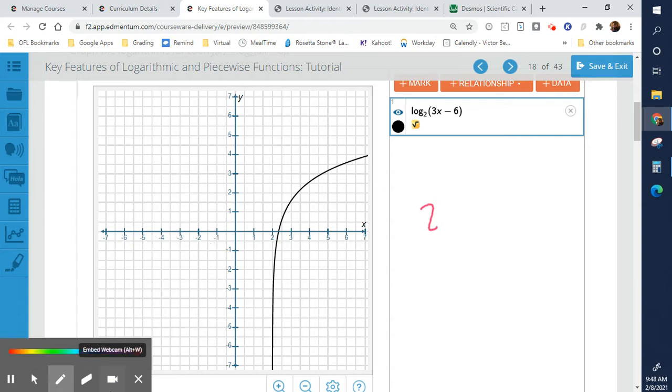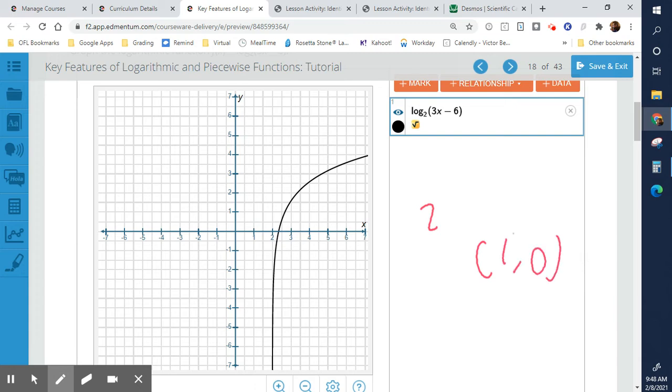Give me a second here, guys. Normally what happens here is our x-intercept is 1 comma 0. So in order for us to get to this equals 1 thing here, we want this to be 0. We already proved that part, where we want this to end up being 0.